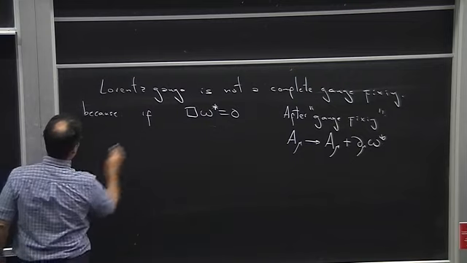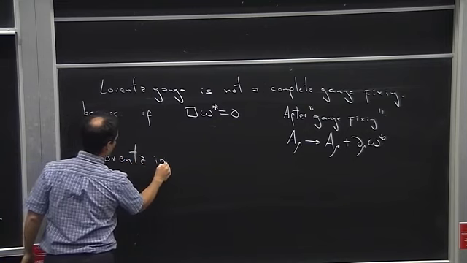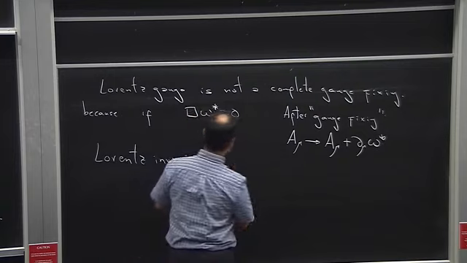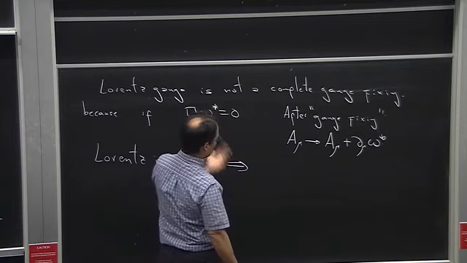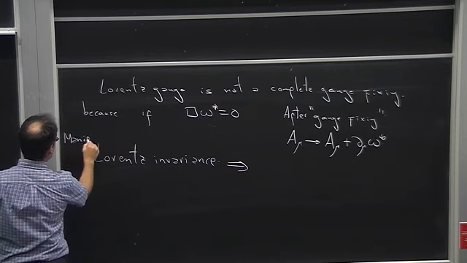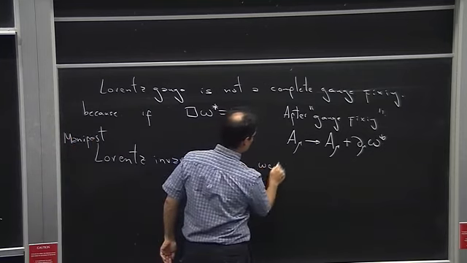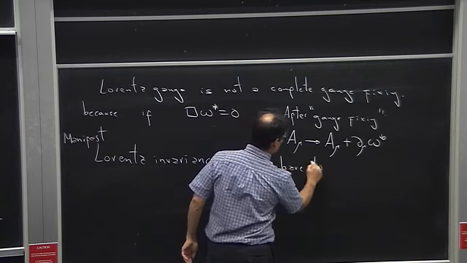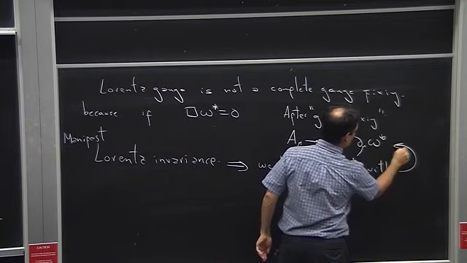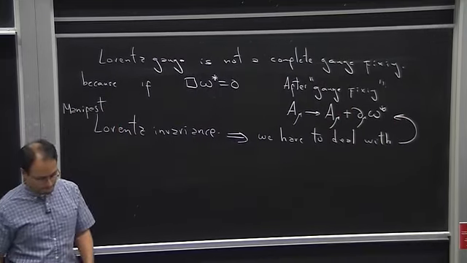So keeping manifest Lorentz invariance implies that we have to deal with this little extra redundancy.